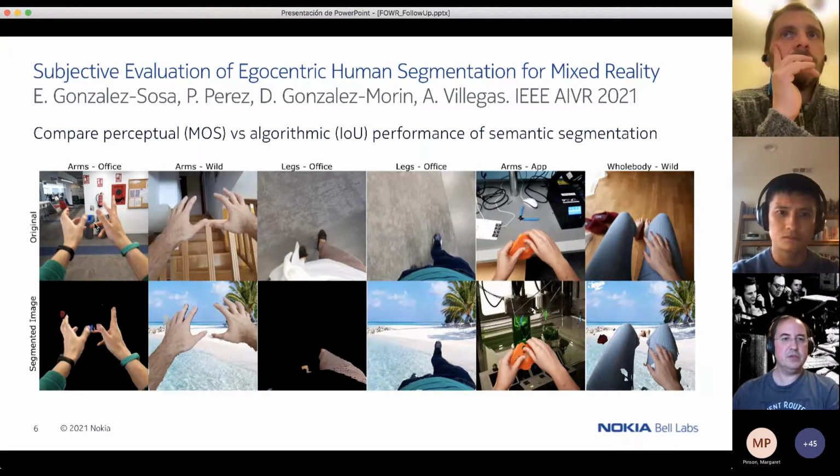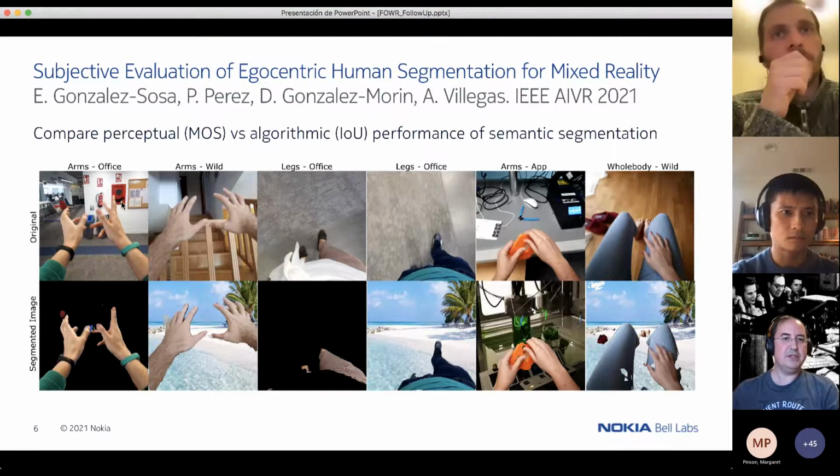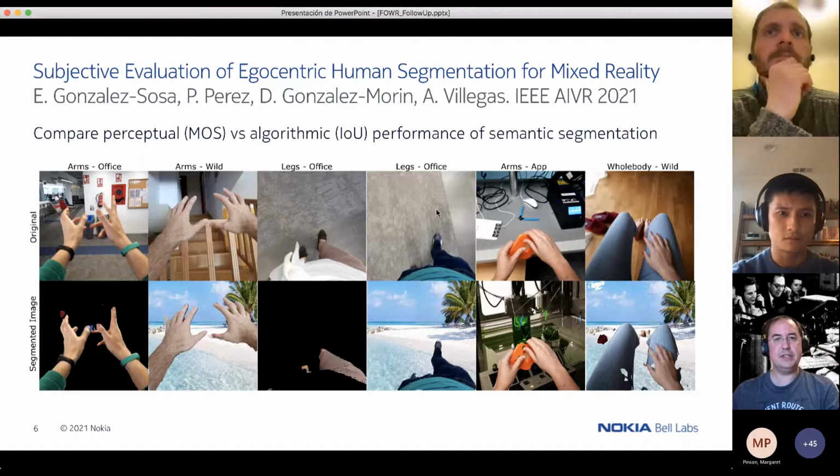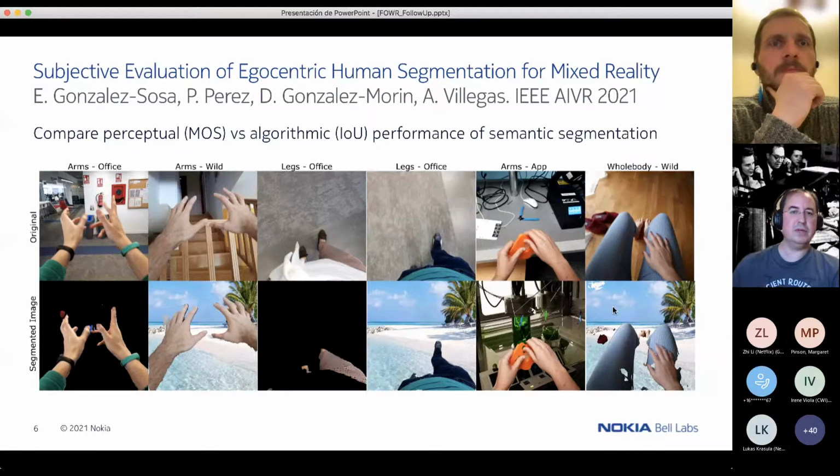Basically, we have some algorithms that are able to segment your arms or your feet from a full image. Then we have some people evaluate this segmentation across either a black background or other types of backgrounds that were significant to our problem, because we are using this to introduce your own hands or legs within a VR experience.